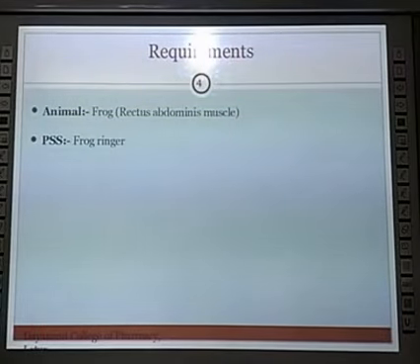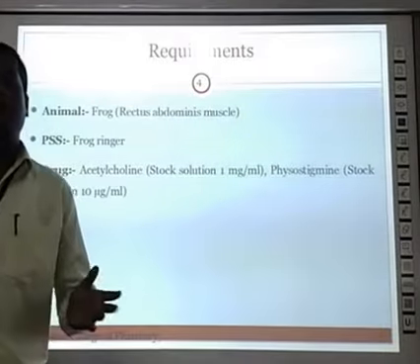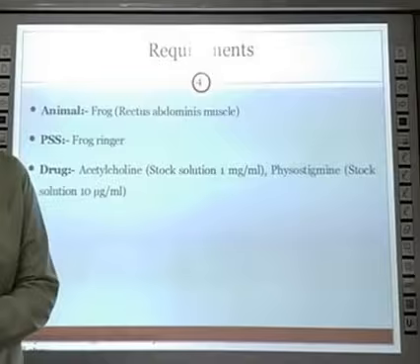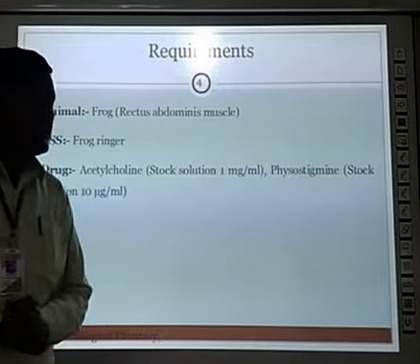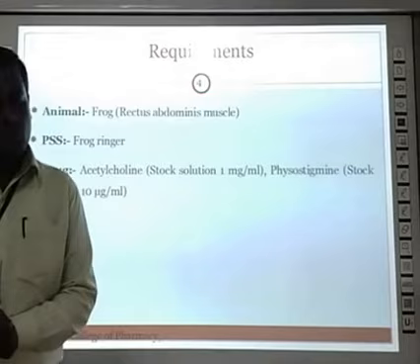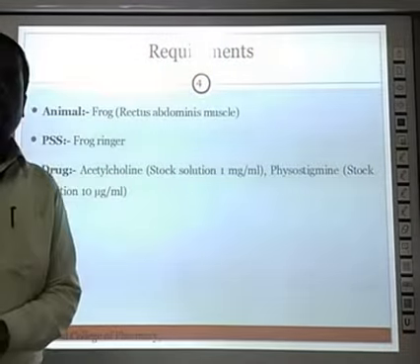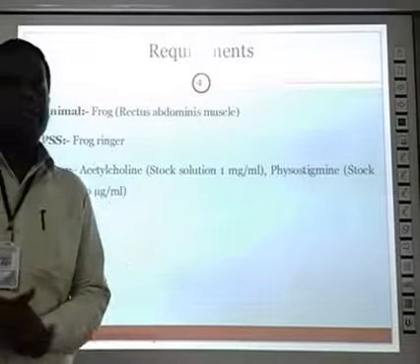Then it requires drugs, that is acetylcholine, the stock solution of which is prepared at 1 mg per ml, and the drug physostigmine, the stock solution of which is 10 microgram per ml. So this is the drug requirement.